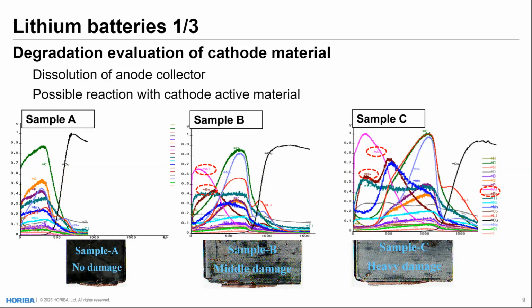So with GD, we can detect the problem, and then we can identify the source of problem based on the type of elements which are causing this issue. We can actually predict what is happening inside the battery and why this is happening. So the first step is to understand the problem, and then we can identify the source of the problem, and we can fix the issue.